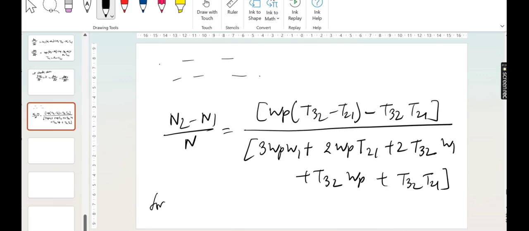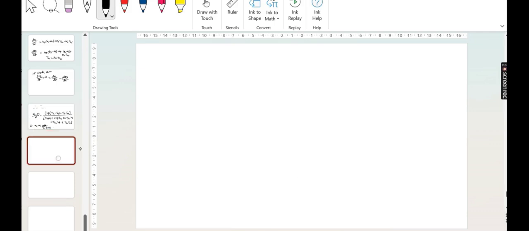So for N2 minus N1 to be positive, T32 must be greater than T21. The lifetime of any level is inversely proportional to the relaxation rate.